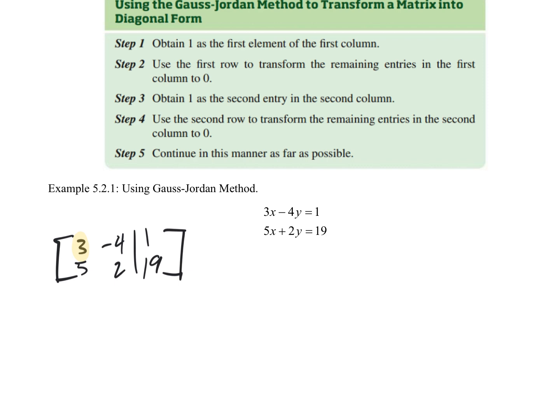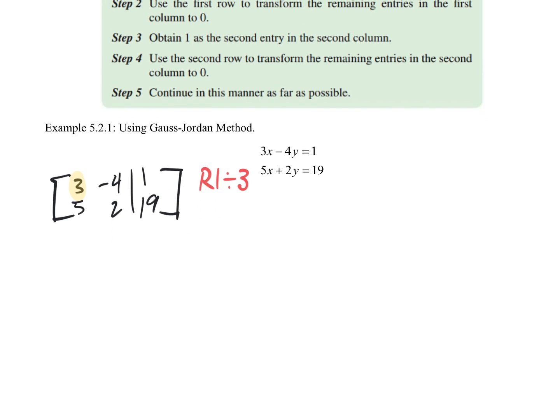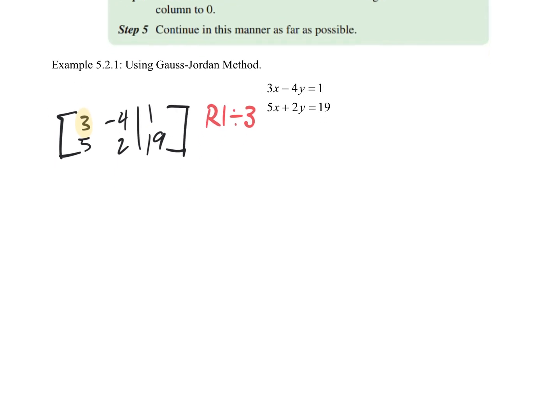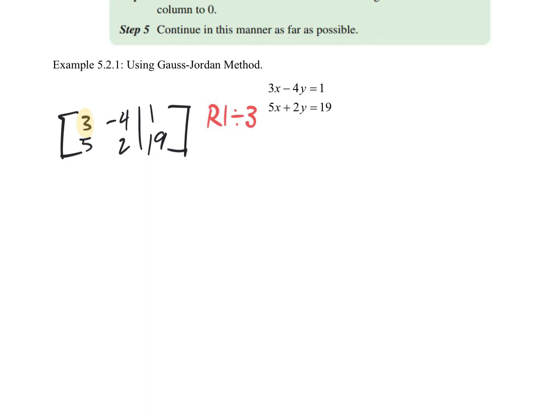So step 1, I'm going to do R1 divided by 3. If I take row 1 and divide it by 3, my matrix looks like this now: 1, -4 over 3, and 1/3, and then we still have the second row being the same, 5, 2, and 19.